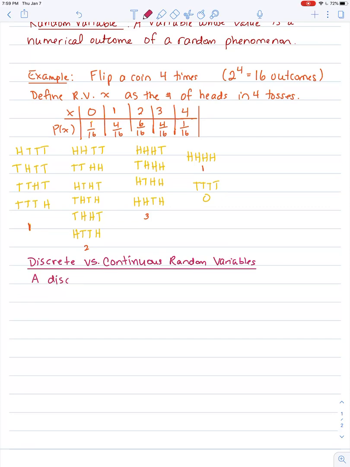Okay, a discrete random variable has a countable number of possible values.